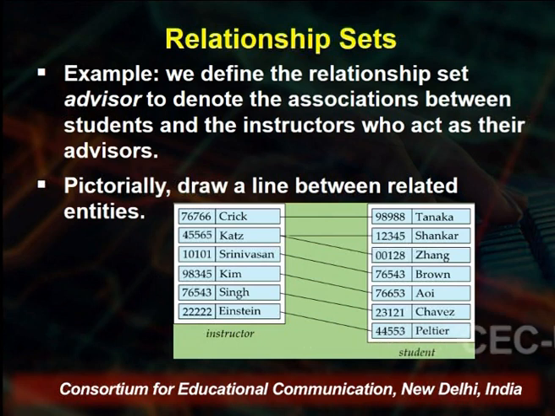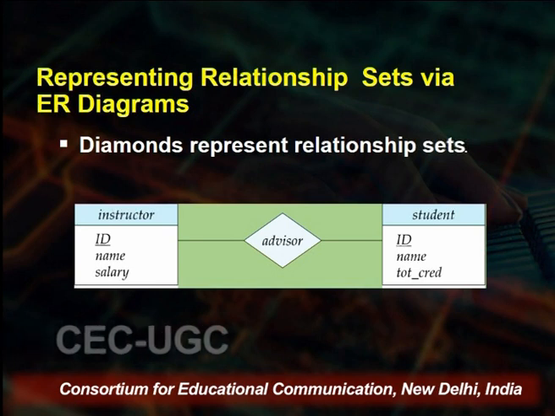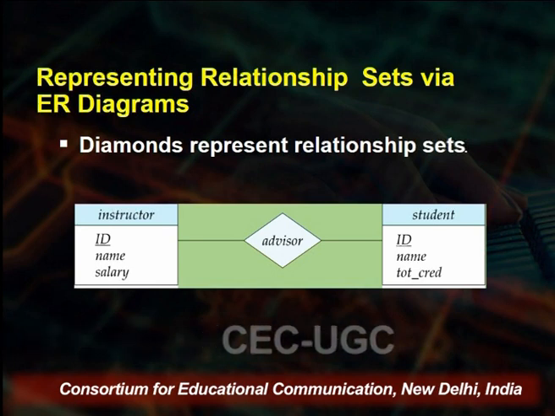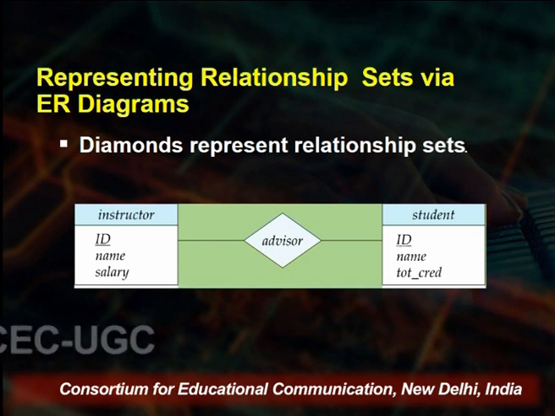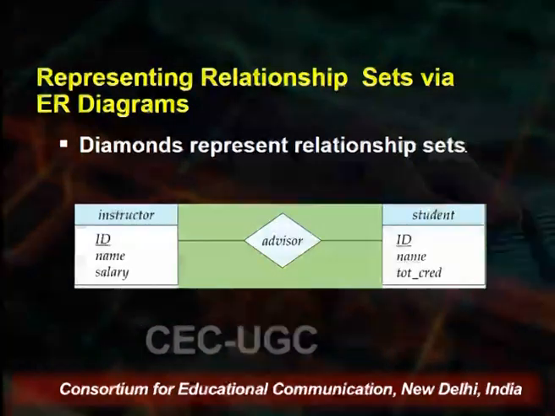In a formal entity relationship diagram, we represent these relationships as shown on the screen with the help of a diamond, not with only straight lines.